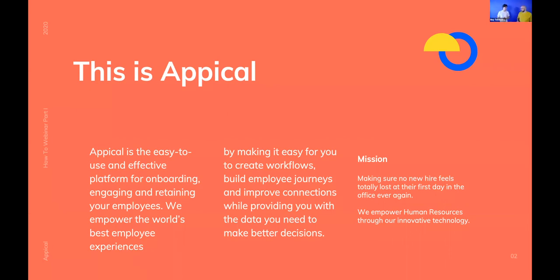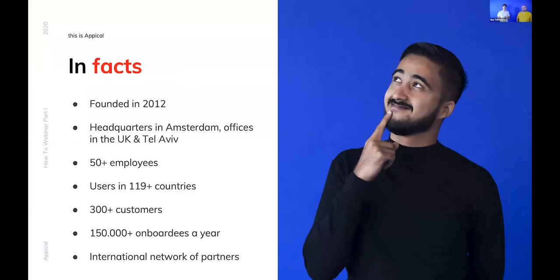First, let's introduce Apical. Apical is the easy to use and effective onboarding platform to engage and retain your employees. Our mission is to make sure that no hire feels totally lost on their first day in the office ever again. And we empower human resources through our innovative technology that makes it easier for you to create workflows or build employee journeys and in general improve the connections with your new hires. In numbers, Apical was founded in 2012.